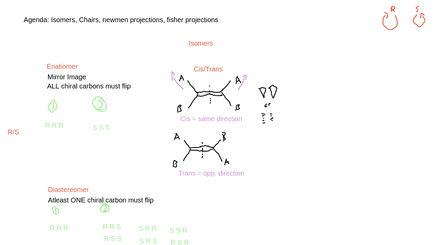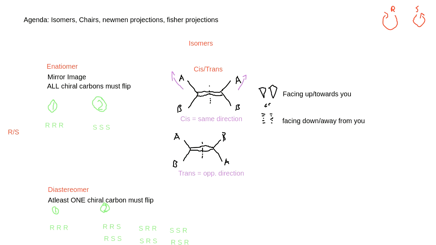Remember, wedges mean facing up or towards you, and dashes mean facing down or away from you. Also, going into the page or out of the page.